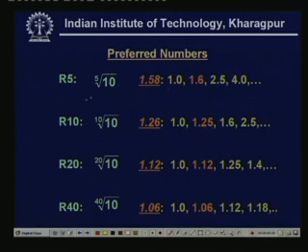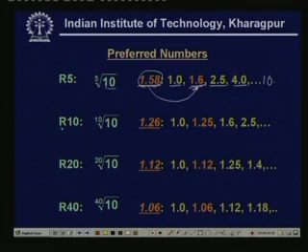R5 means the fifth root of 10, which is approximately 1.58. Now you conveniently round it off, so what would be the sizes? 1, 1.6; this one is rounded off to 1.6. Next you will have 2.5, 4, and so forth until you reach 10.